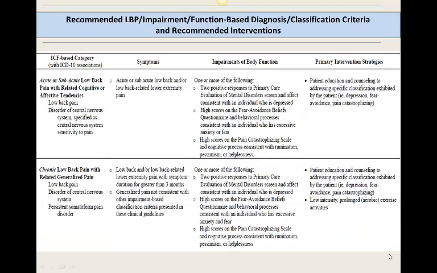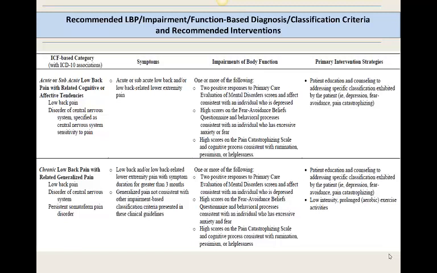Acute or subacute low back pain with cognitive or affective tendencies are usually described as disorders of the central nervous system. Symptoms are acute or subacute low back pain, and they may have lower extremity pain as well.